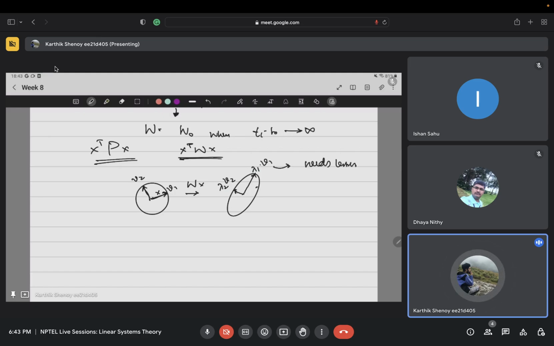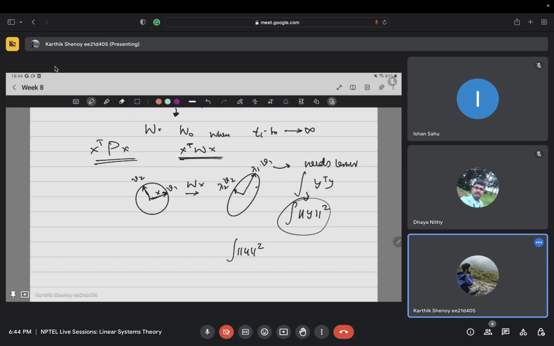So in this direction you need lesser energy. What is energy in this case? Y transpose Y. In this case the energy is the output energy, not the input energy. In the earlier controllability case we checked the input energy.